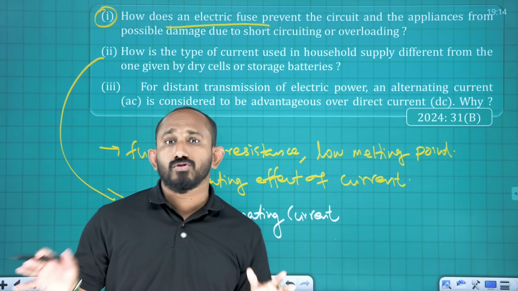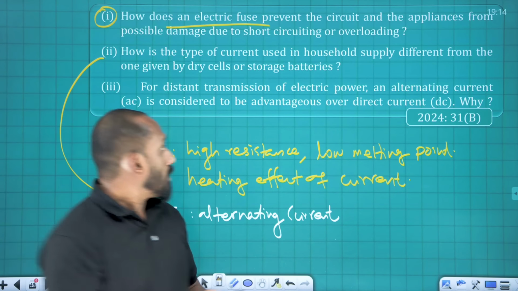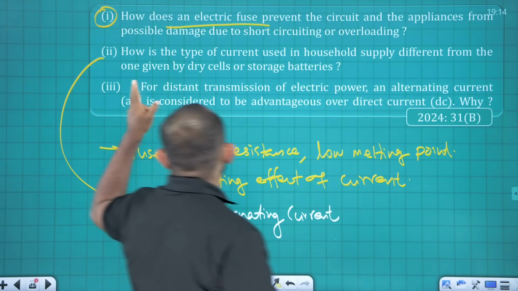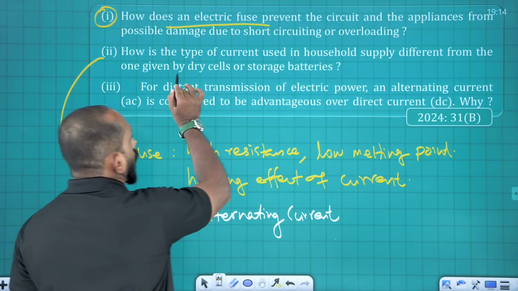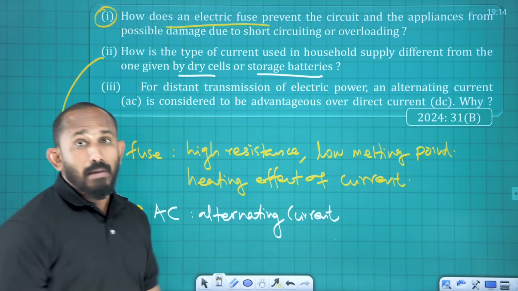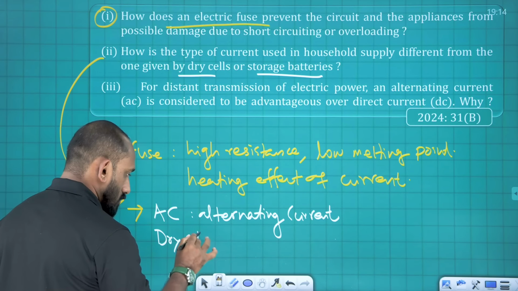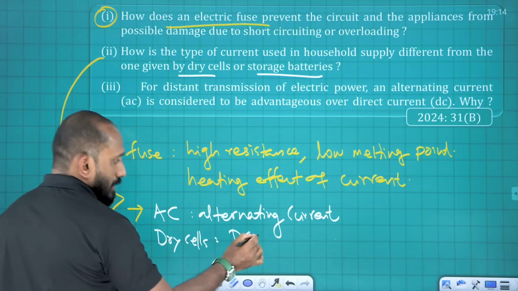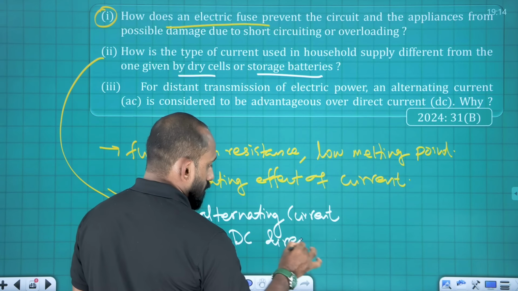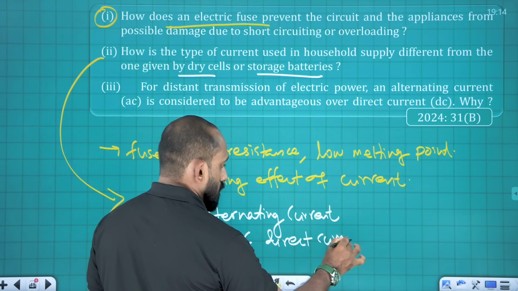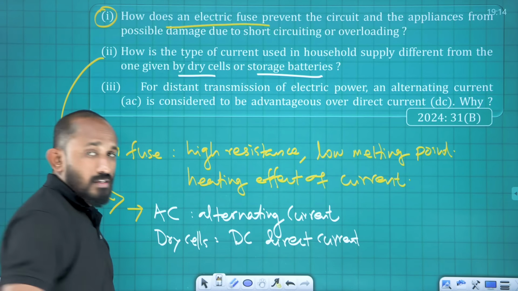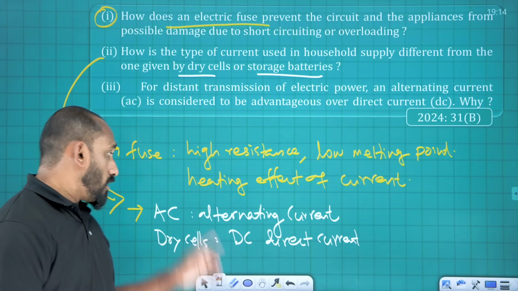It is different from the one given by dry cells or storage batteries. Batteries or dry cells give you the DC, direct current. First, the name difference.